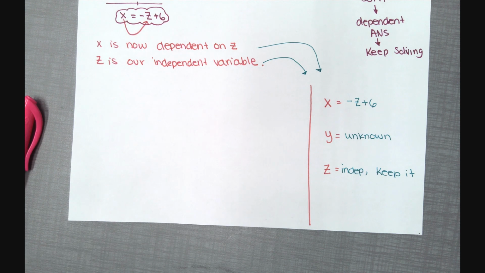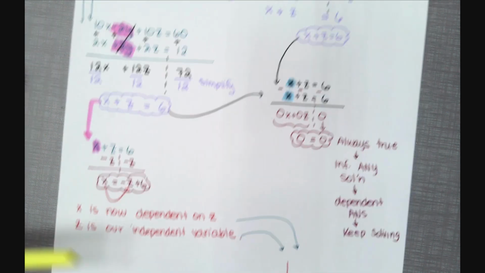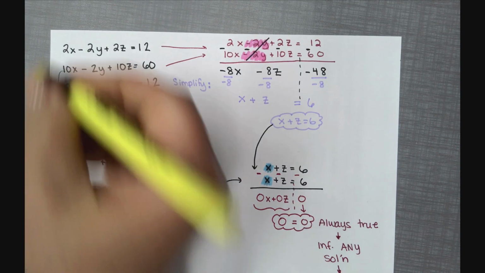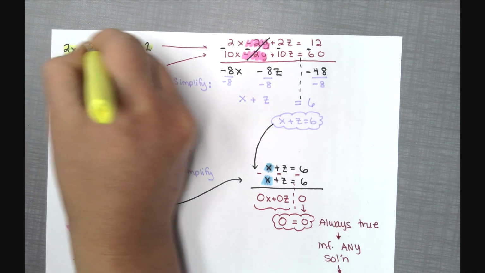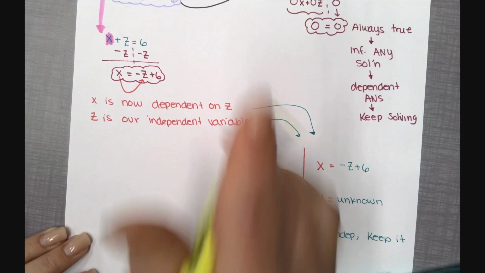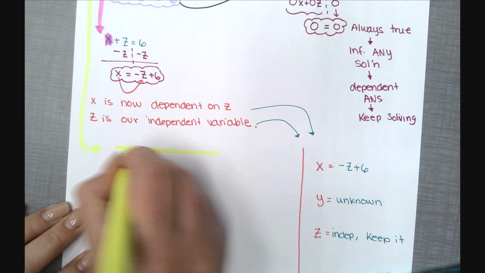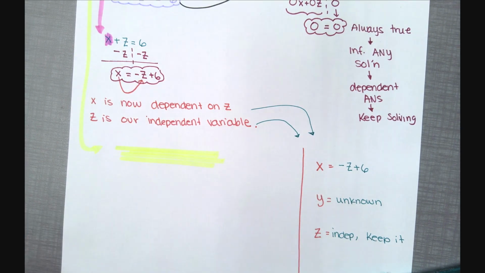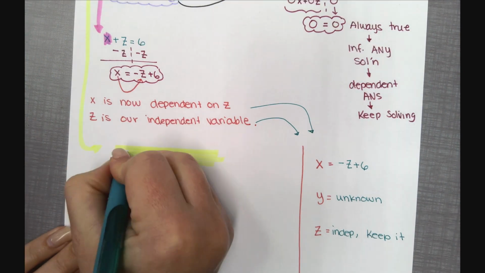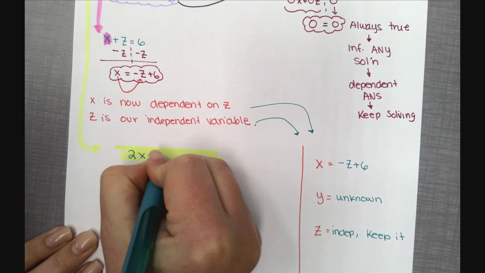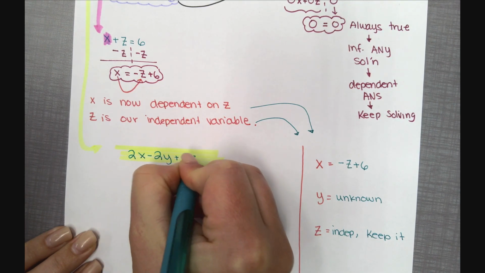I'm going to pick up one of my original equations that is given. So I'll choose again. I usually don't think about this. I just pick the top one. And I'm going to drag that down and I'm going to write that in. So I get 2x minus 2y plus 2z is equal to 12.